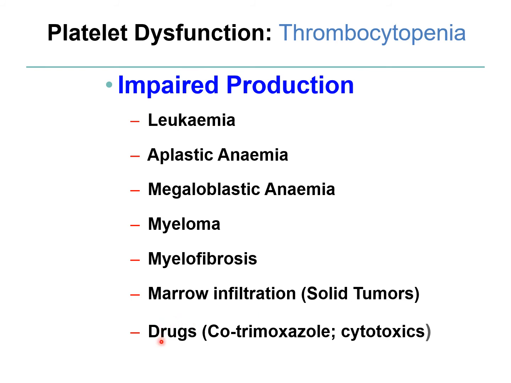Finally, certain drugs such as cotrimoxazole and cytotoxic drugs can damage the bone marrow and lead to impaired production. So the first type of thrombocytopenia is due to impaired production, which in turn can be related to all these causes.